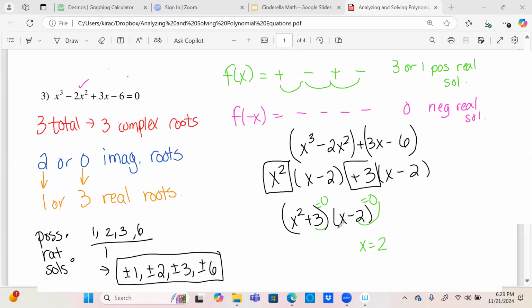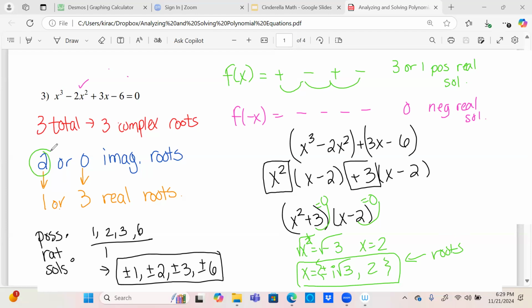Set to 0. This one would come over, be x squared equals negative 3. Take the root, take the root. So that's i, because it was negative. 3 would stay in. Don't forget your plus or minus. And then we had 2. Answer. Roots. So we had this situation. We had 2 imaginary, plus and minus, and 1 real.